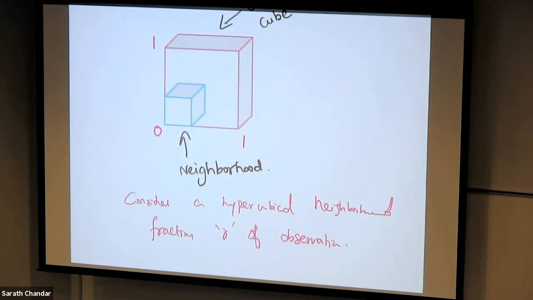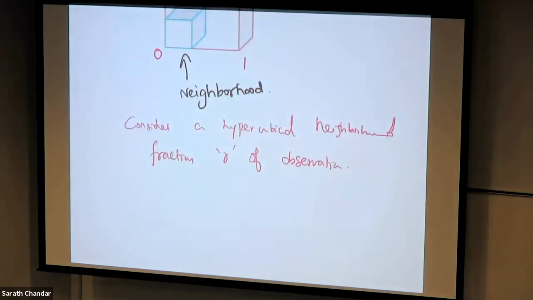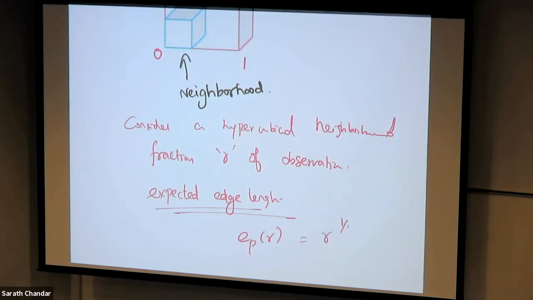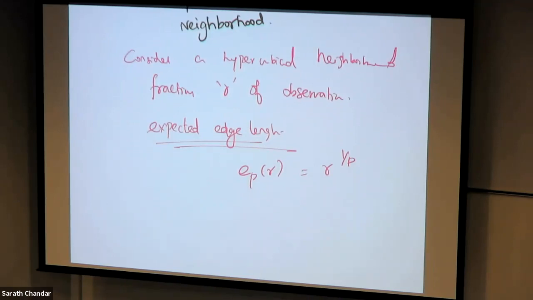Now you can compute the expected edge length. Let's call this e_p(r), which is basically r to the power 1 over p. If you have to consider r fraction of data in p dimensions, then you have to cover this much in the cube.